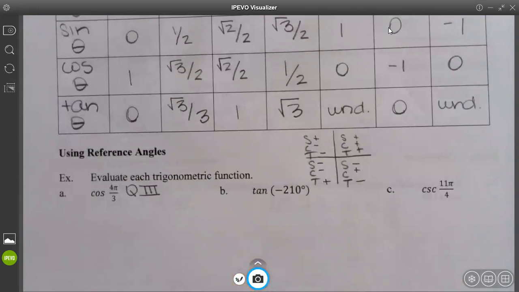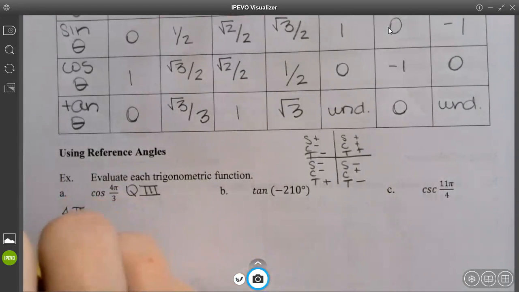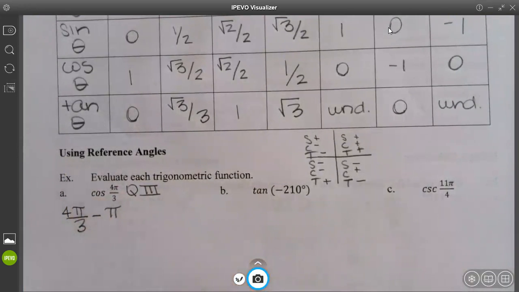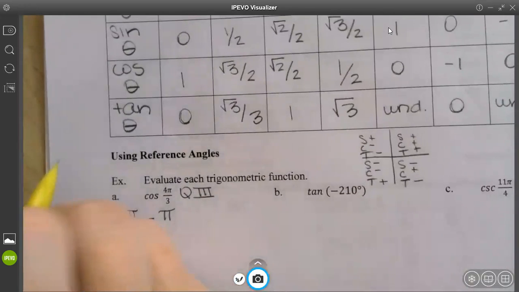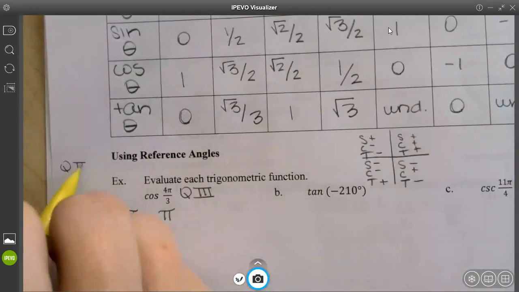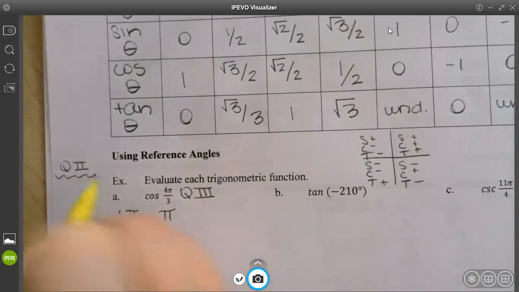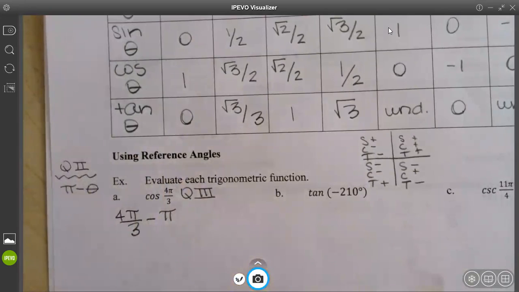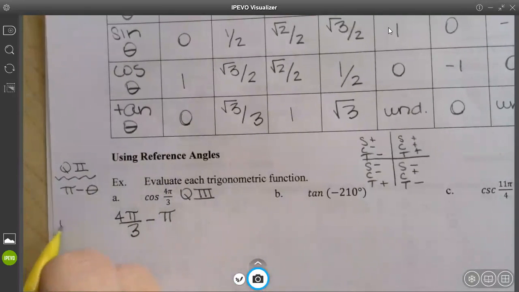We have to use a reference angle. It says in quadrant 3, you take 4 pi over 3 and you subtract pi. Okay, so let me write those down. If it's in quadrant 2, you do pi minus theta, or 180 minus theta.